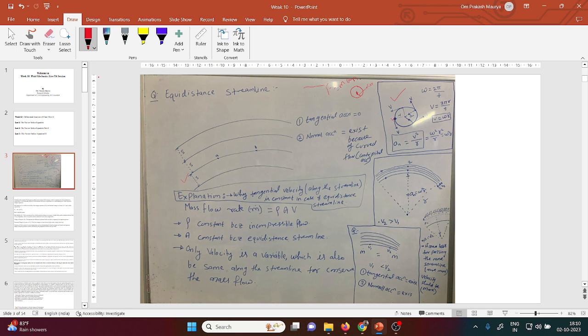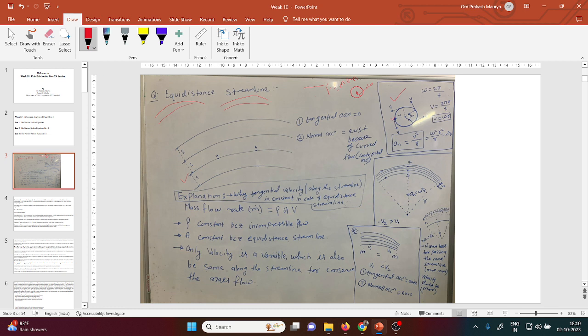So we are going to focus on this streamline. In the week 9 question, the first one was about what happens with acceleration when a fluid particle moves on a curved surface. In that question, the streamlines were parallel and equidistant. Let's say the fluid particle is moving in a bent pipe, with many streamlines.